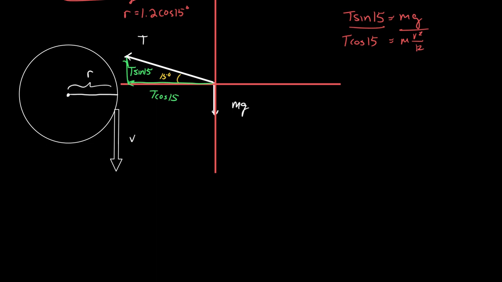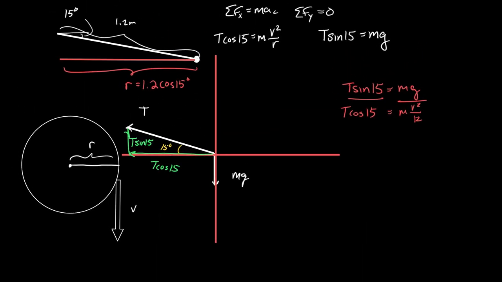Whenever I see a sine over cosine like that, I like to see if there's a way for us to eliminate it. And that's going to give me tangent 15 on the left side. It's going to cancel the m's and give me g r over v squared on the right side. Just doing arithmetic. I can do the steps more pronounced if you need them.